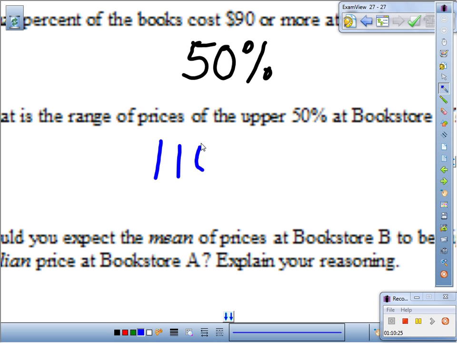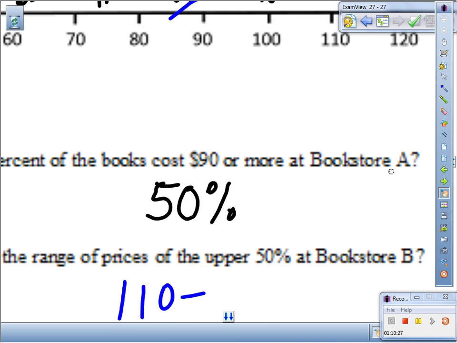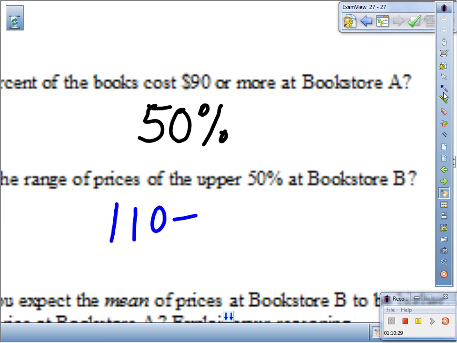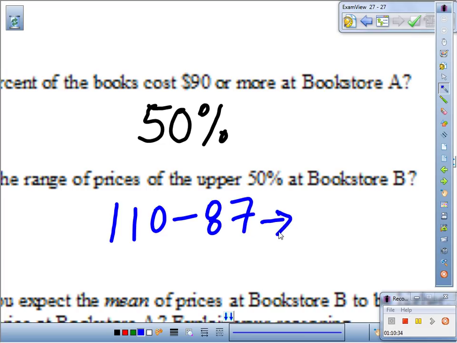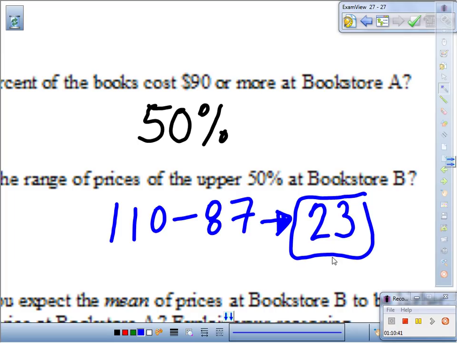So it's 110 minus 87. Therefore, 110 minus 87 is 23. So that's the price range, 23 bucks.